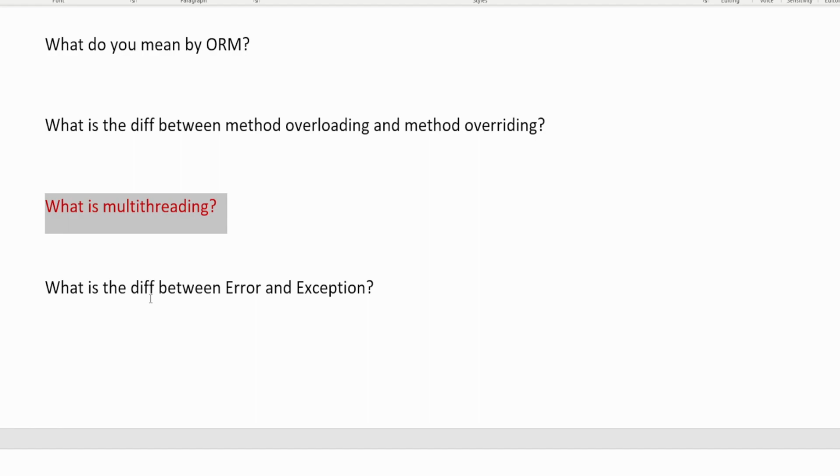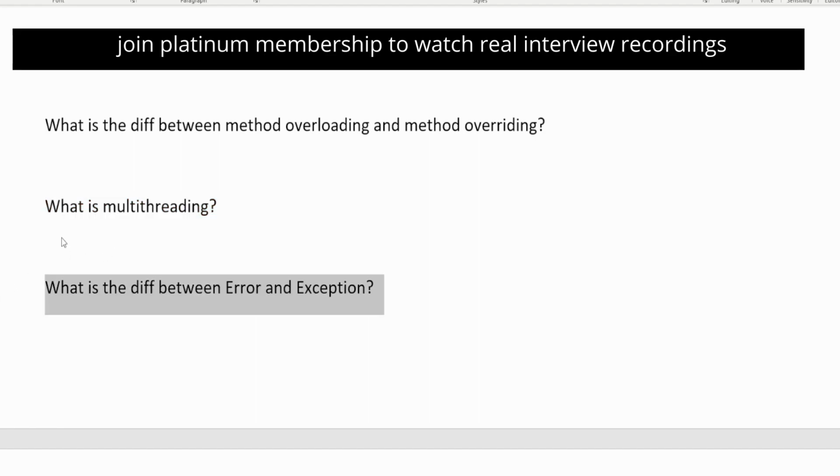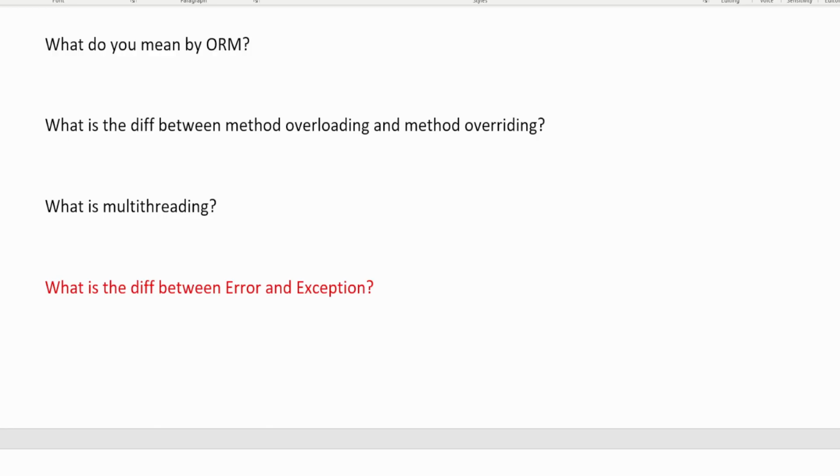The next question we have is, what is the difference between error and exception? If I talk about error, first of all, both are subclasses of the Throwable class in Java terms.